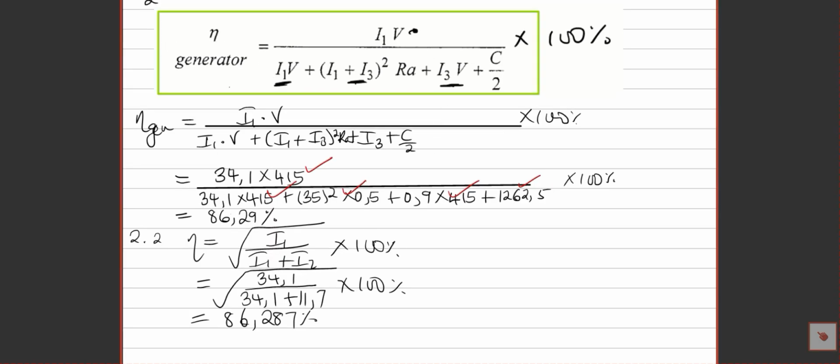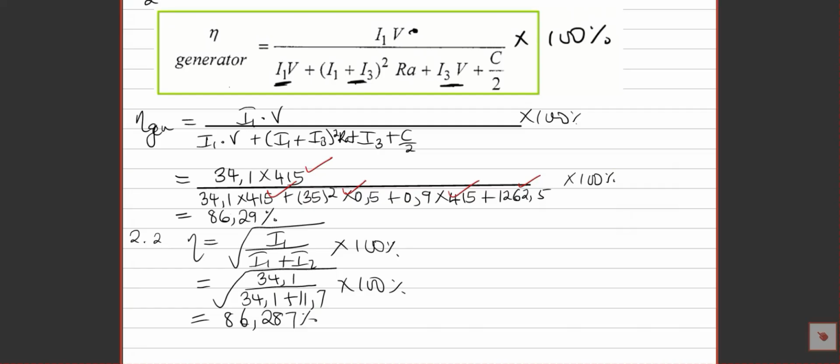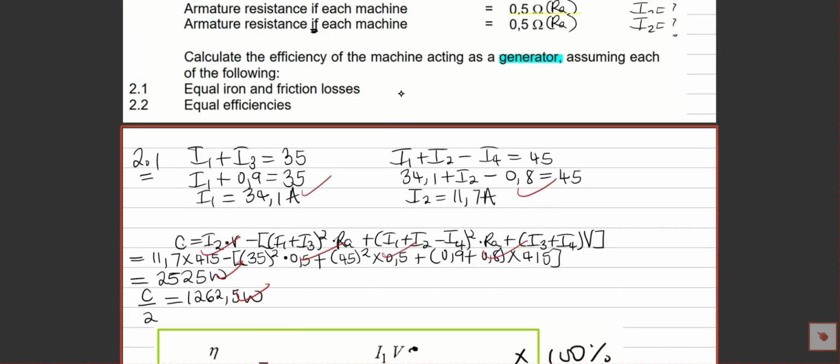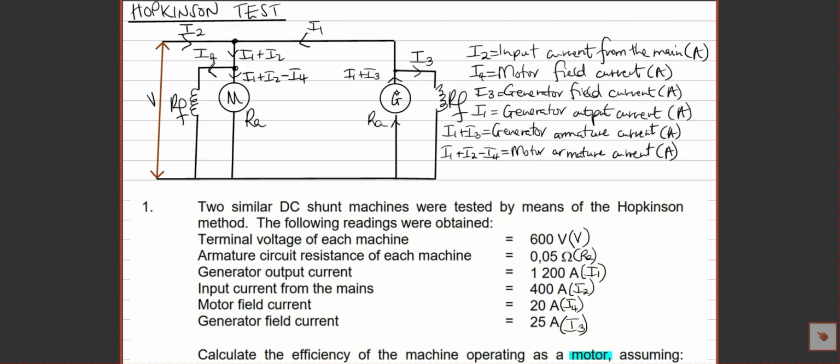Your responsibility, firstly, before you go into the equations, is to make sure you know your diagram. You make sure you know how to sketch this diagram and how to label it correctly. Let's go through it quickly. We have the input current from the mains or the supply, I2.